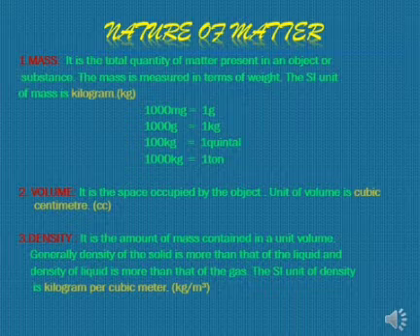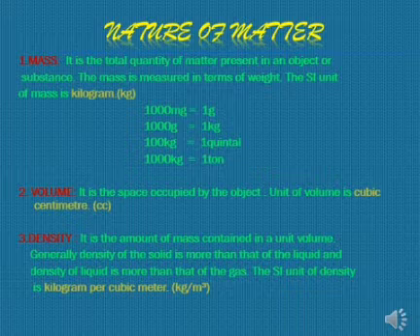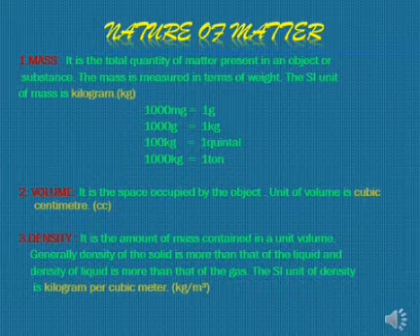The mass is measured in terms of weight, and the standard international unit, also called the SI unit of mass, is kilogram or kg. We usually measure mass or weight in terms of kg, kilogram.